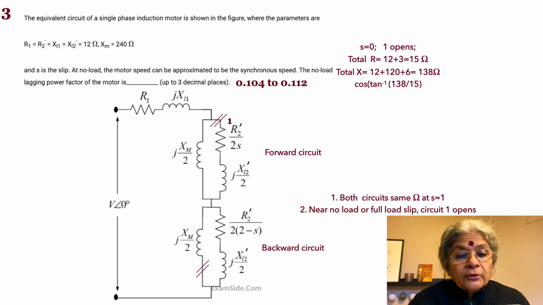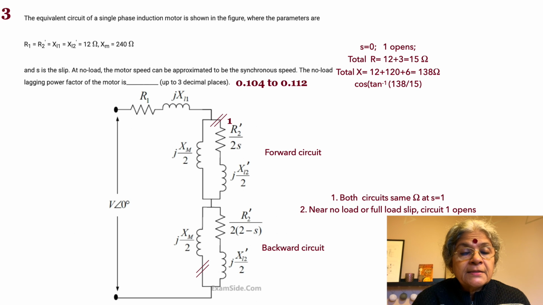Then in the bottom circuit we have jXM by 2 parallel to R2' by 4, that is 12 by 4, that is 3, and then again we have jXL2'. Now we have an understanding about the resistances. At the same time, jXM by 2, which is 240 by 2, that is j120, is parallel to a circuit which has R2' by 4, which is 3 ohms, and then jXL2' by 2, which is equal to j6. So 3 plus j6.